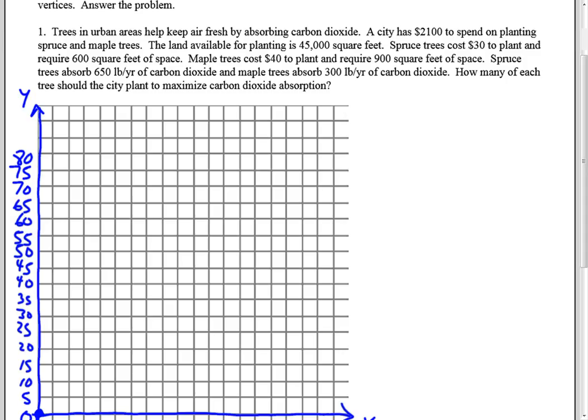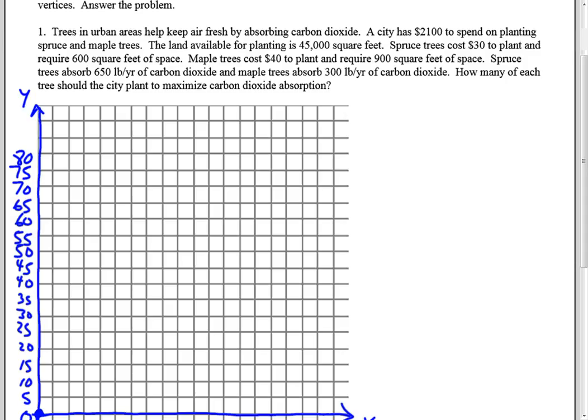We've got some trees that need to be planted. There's some information on your sheet regarding money. There's some information on your scenario regarding area, square feet. And then carbon dioxide absorption is also thrown in there. The first thing you should do is underline or circle what it is that you are being asked to do.